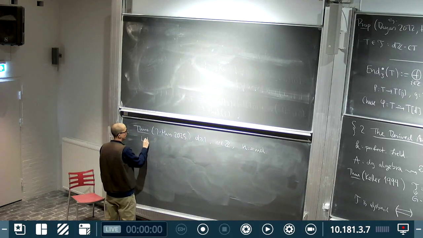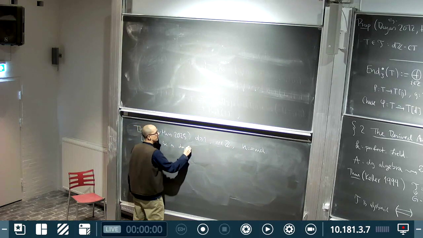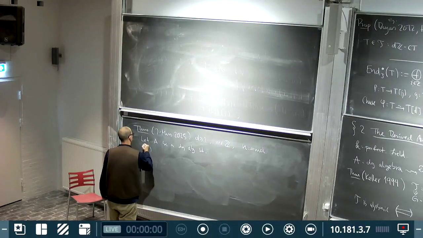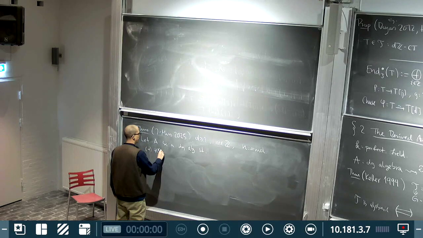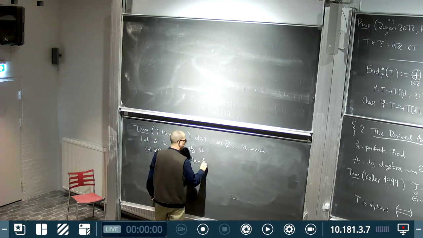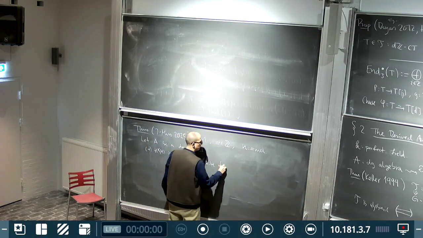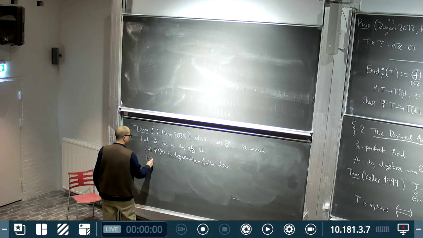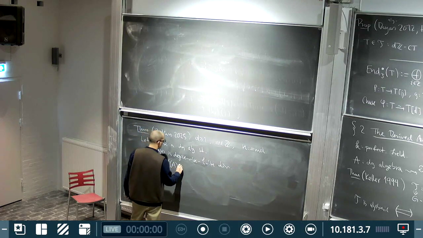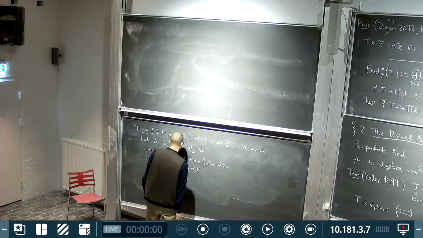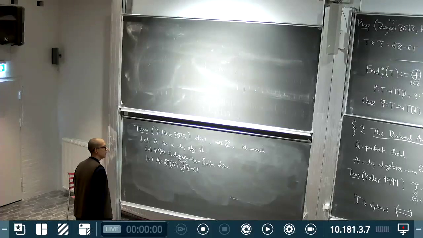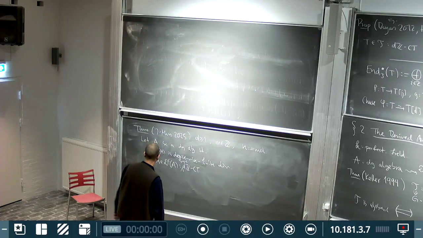Let A be a DG algebra such that H star of A is degree-wise finite dimensional, and the free DG module of rank 1 is a basic cluster tilting object in its own compact, or perfect, derived category.